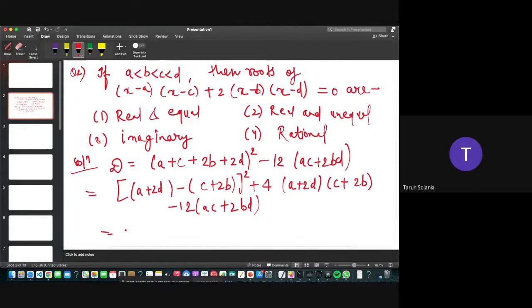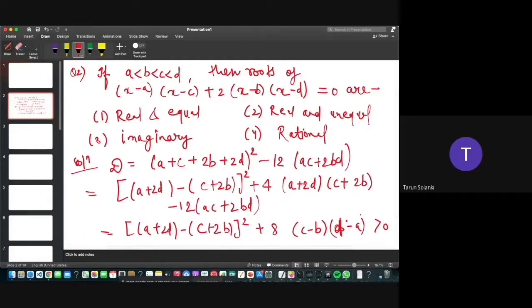So you can write it here. It is (A plus 2D minus C plus 2B) square plus 8 times (C minus B)(B minus A). Oh, sorry, it will be D minus A here.